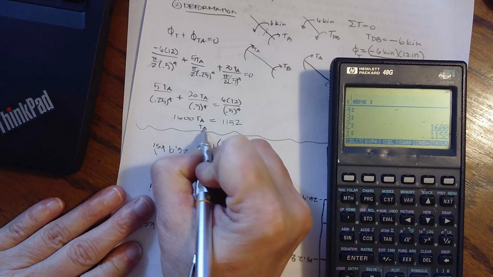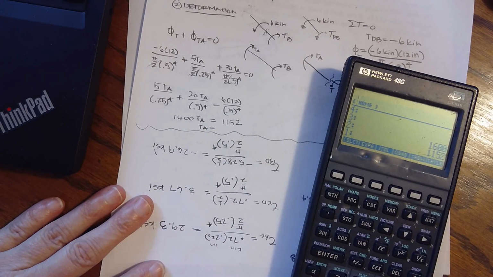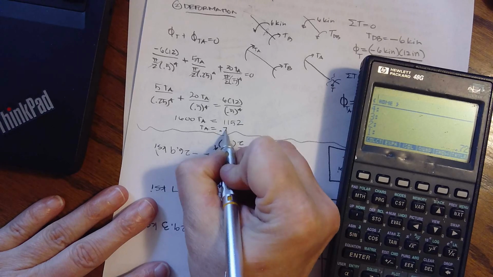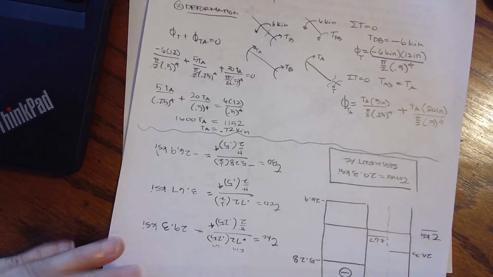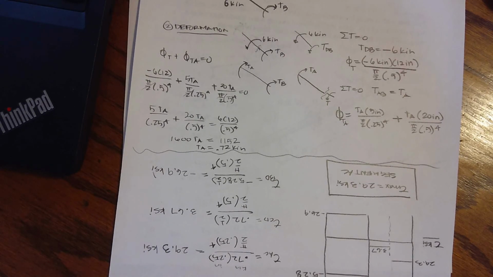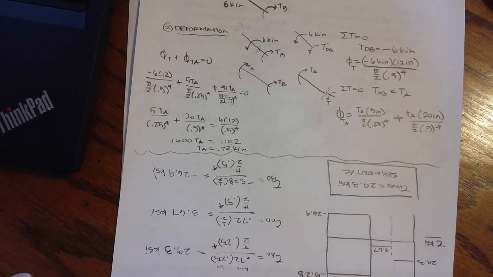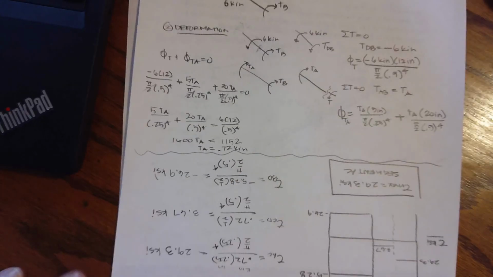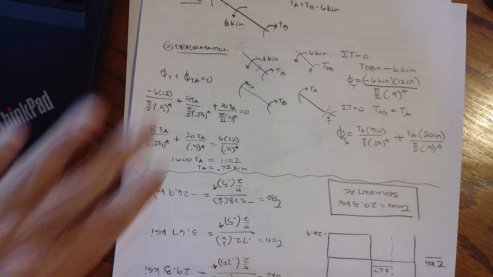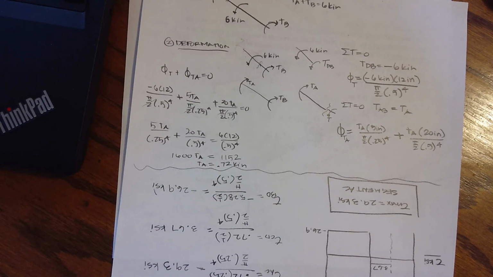So TA has to equal 0.72 kip inches, which is exactly what I got using the compatibility method. So it doesn't matter which way you do these, you just have to be consistent in whatever system you're using. And I just think this way is easier because it's a lot less work.